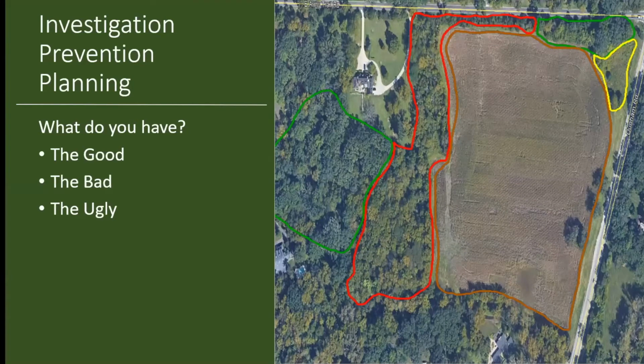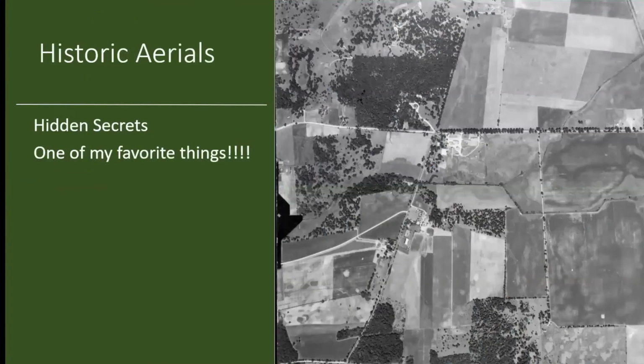So one of the questions that folks might be thinking of is, how do you know if a site has remnant qualities or not? So this is a 1939 aerial in the Chicago area, and I guess in other areas as well. We have a multitude of aerials to choose from, the oldest being the 1939. So it is nice to take a look at this to see what woody species or forests were present at that time.